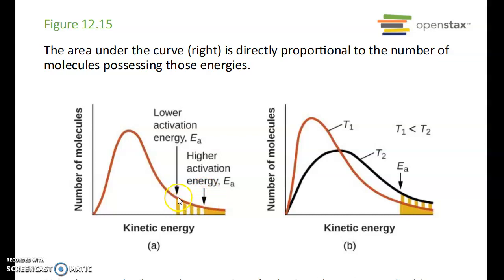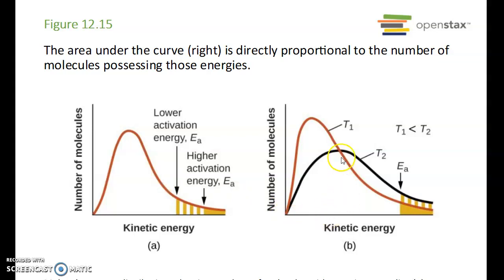Whereas if the activation energy is only at a lower level here, going over to this side, you'll see that the number of molecules is much greater than what you had down here for this one. So the lower the activation energy here, the greater the number of molecules that will have sufficient energy in order to have the reaction take place.